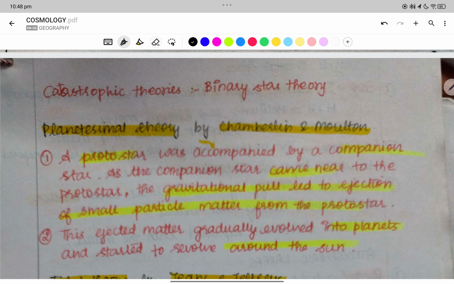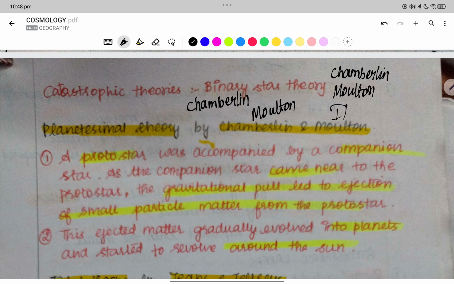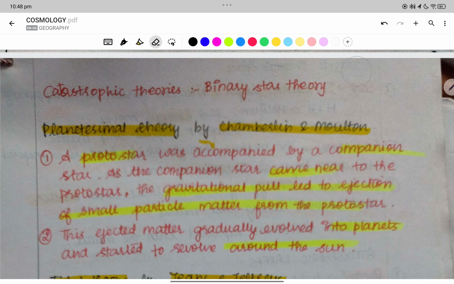The gaseous hypothesis is by Immanuel Kant, whereas the nebular hypothesis is by Laplace, right? Chamberlain and Moulton together gave the planetesimal theory.